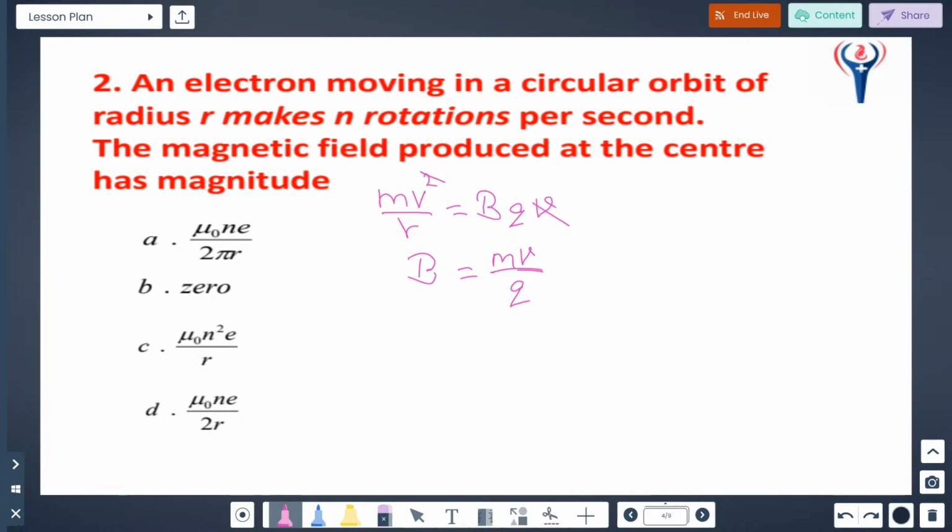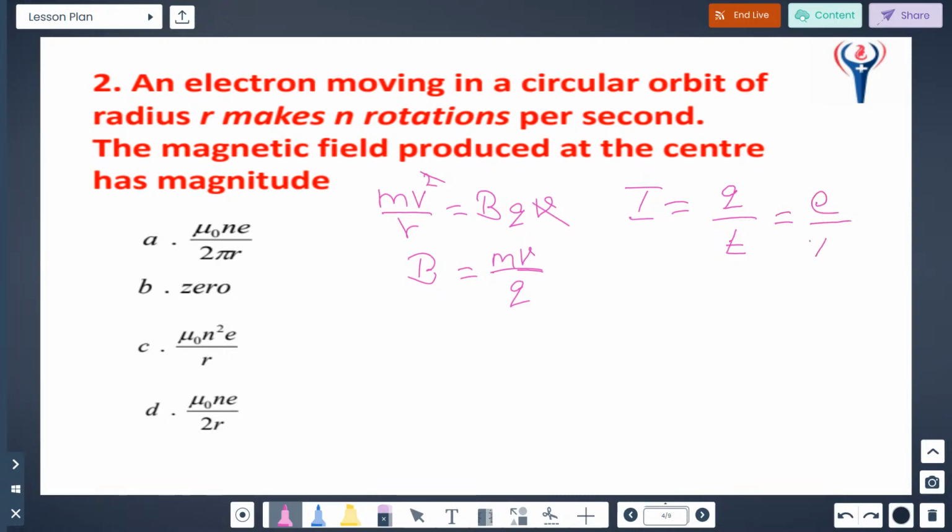Is it so? Then mu naught n e. And we know formula I equal to Q by T. And Q equal to e.